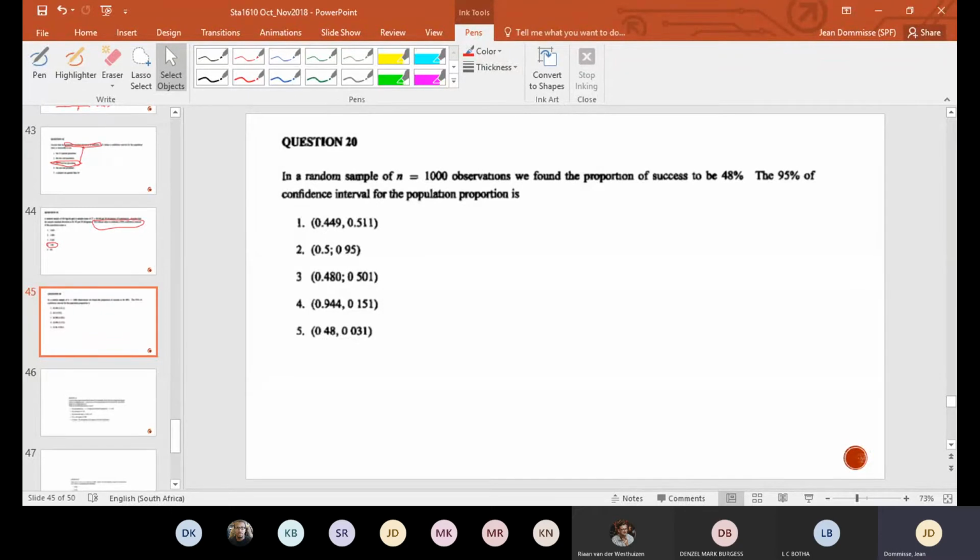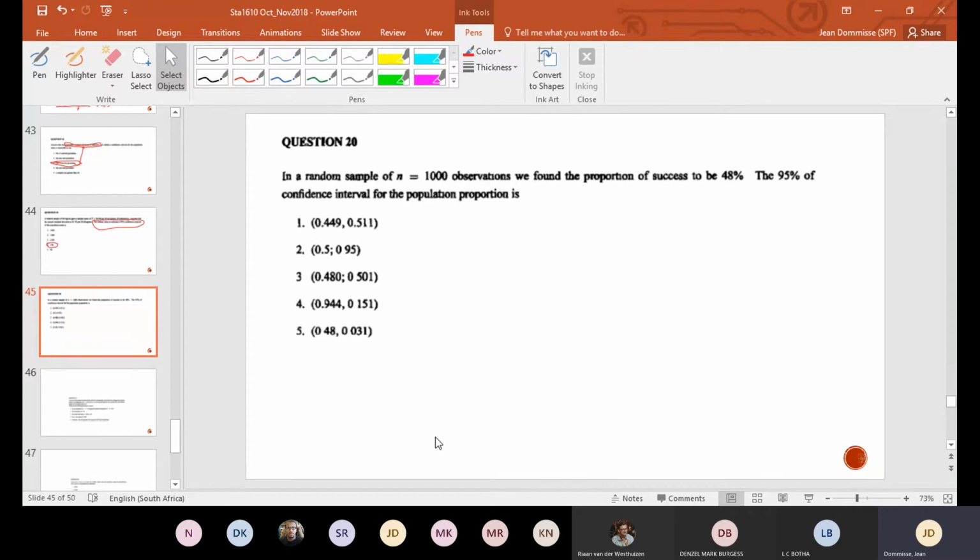What I would definitely do is make notes as we go along now, and keep those notes. If you look at a question of population proportion where you need to work the interval out, it is the formula P plus minus Z times the square root of P(1 minus P) divided by n.